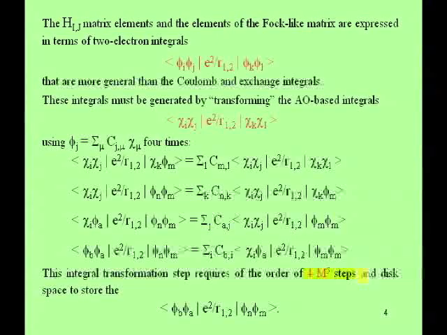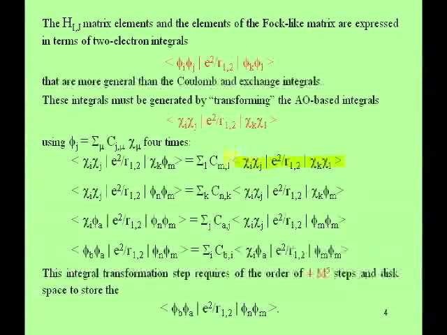So here's how basically a computer program does these so-called two-electron integral transformations. It first starts out with the two-electron integrals in the AO basis, this so-called chi that I've written in the first line of this expression.